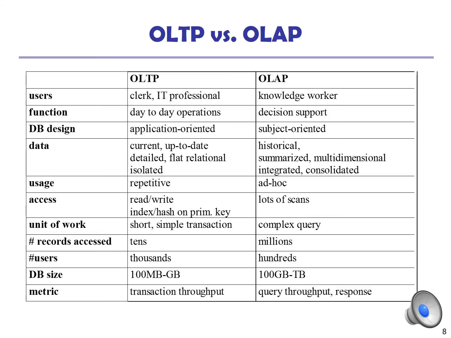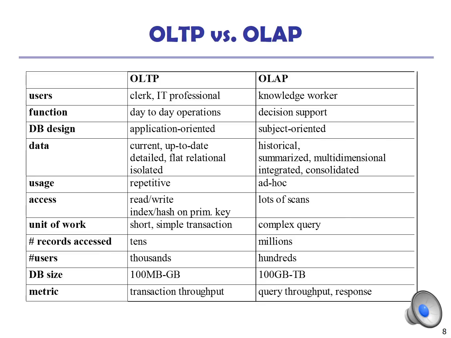Now, how do you separate them on the basis of usage? Online transaction processing involves the same kind of functions being used again and again, so it's more repetitive. On the other hand, online analytical processing involves querying on an ad hoc basis. If you learn about something interesting, you're going to query based on those interesting facts.